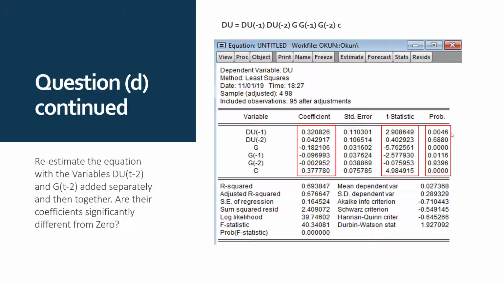And here at the probability, we can see that du minus 2 and g minus 2 are not significant. However, at a 1% level, or slightly just above 1% level, we can see that g minus 1, our constant, g and du minus 1 are statistically significant.